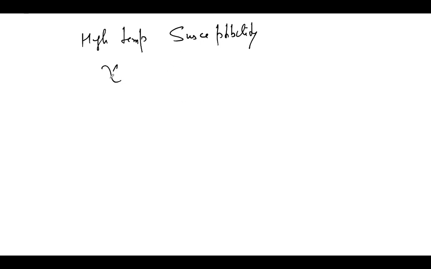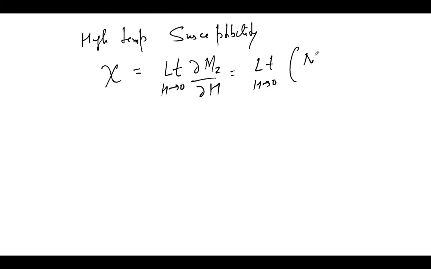This high temperature susceptibility chi can be given as the limit of H approaching 0 of the partial derivative of Mz with respect to H. In this limit it is n mu square over 3kT.